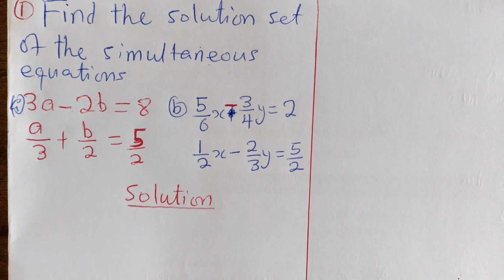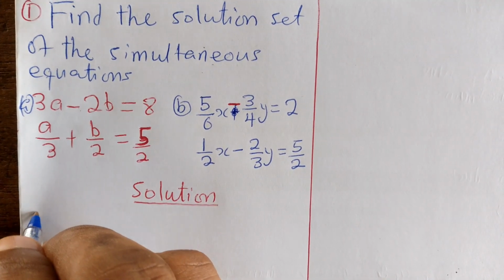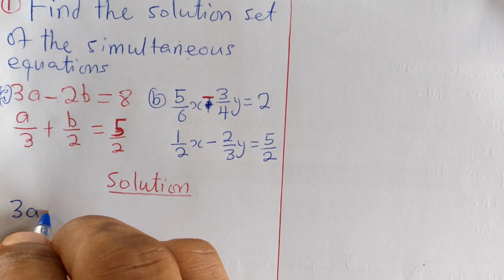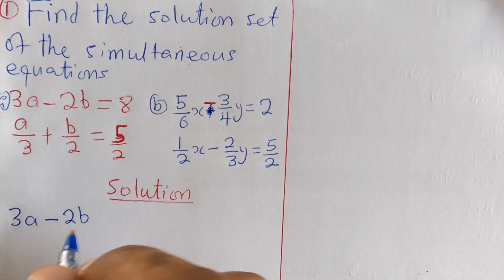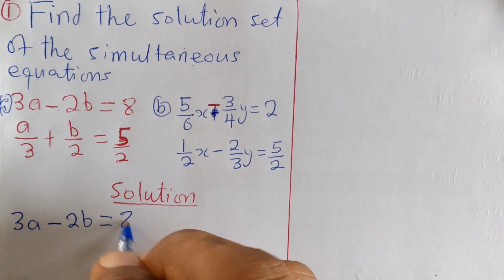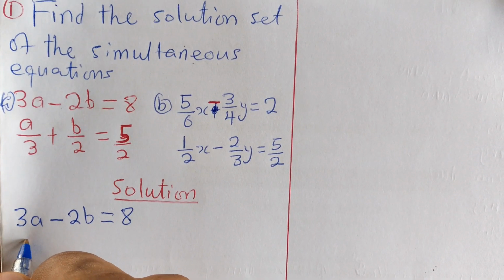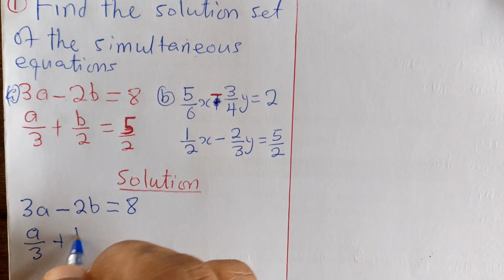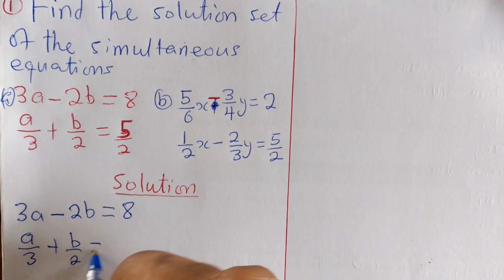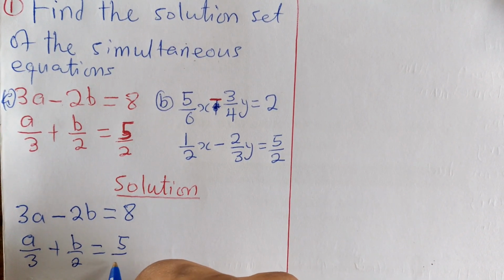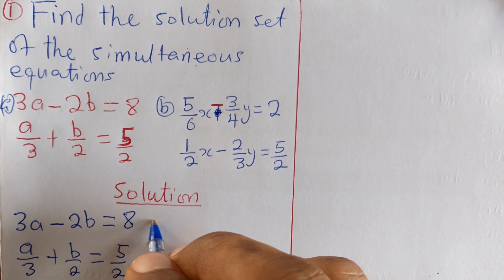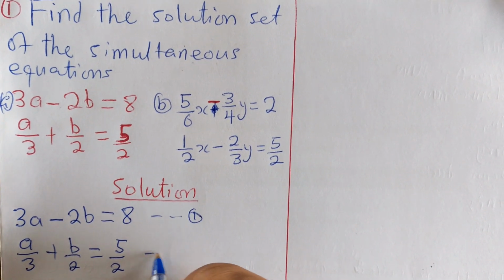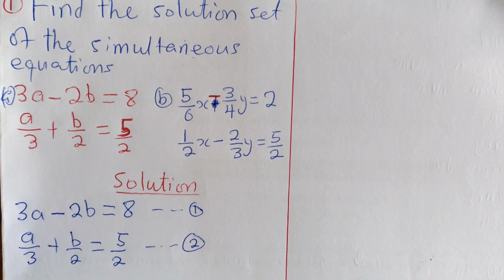So let me rewrite the first equation, which is 3a minus 2b is equal to 8, and then a out of 3 plus b out of 2 is equal to 5 out of 2. So this is my equation 1 and this is my equation 2.